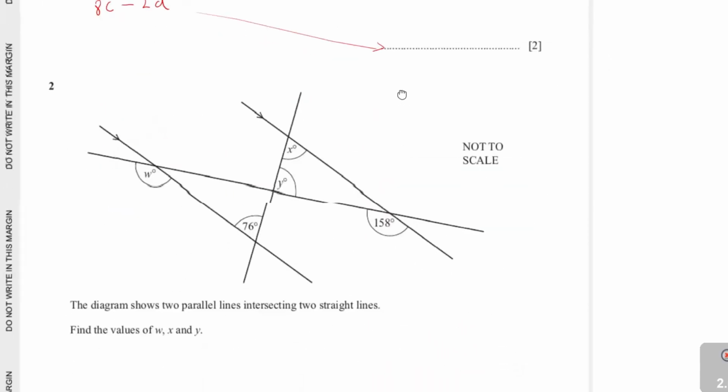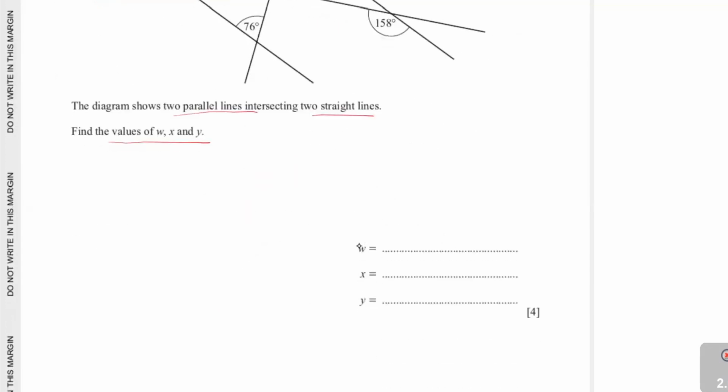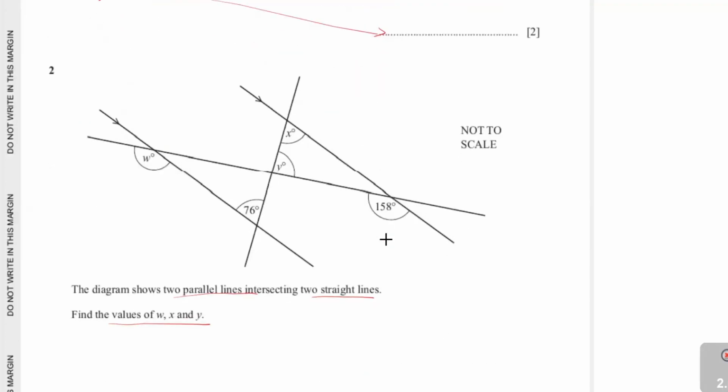Next, question number 2. The diagram shows two parallel lines and two intersecting straight lines. Find the values w, x and y. Firstly, we have to calculate the angle w. This angle w is the angle between the parallel line and the transversal line.